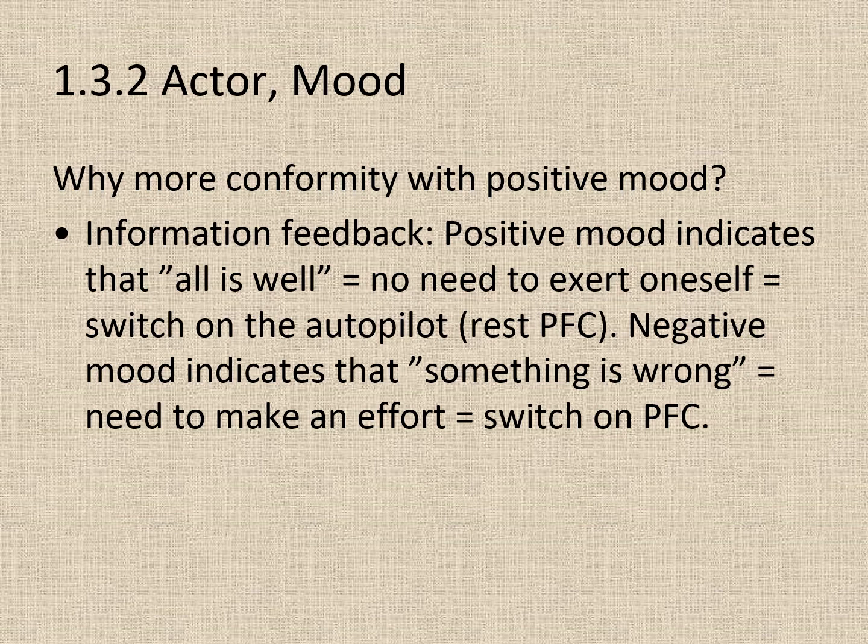Something like that. So mood has an effect on to what degree we exert cognitive energy, and that has an effect on to what degree we behave automatically, copying others' behavior.